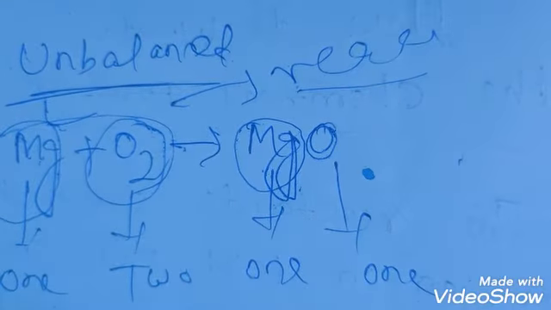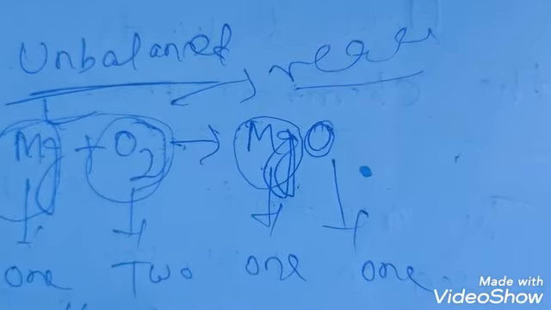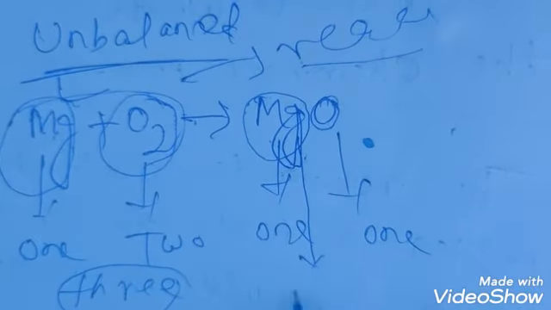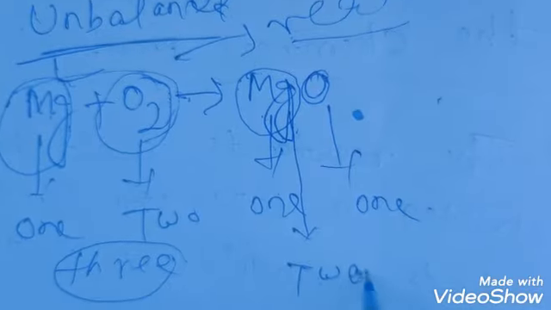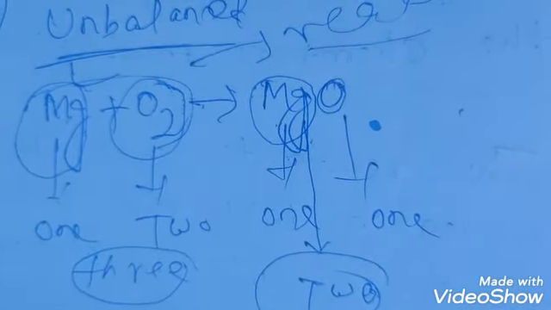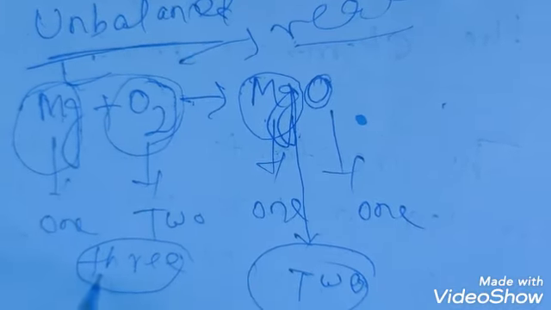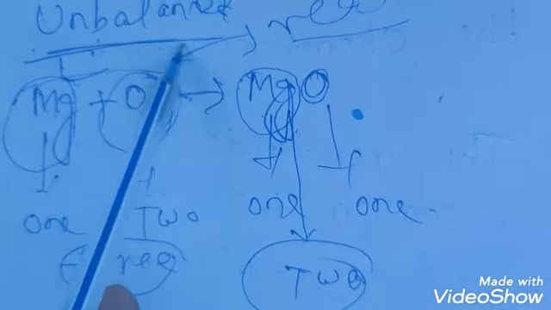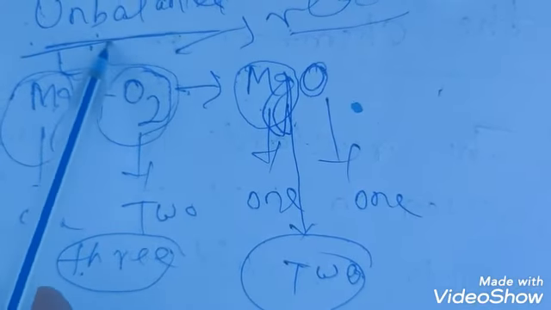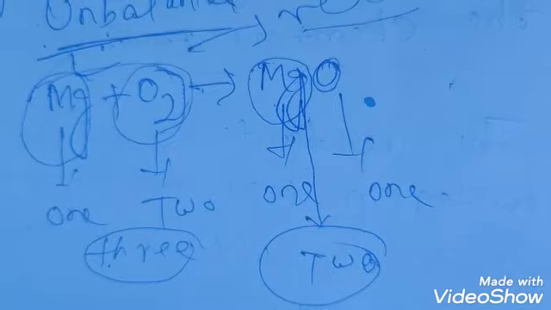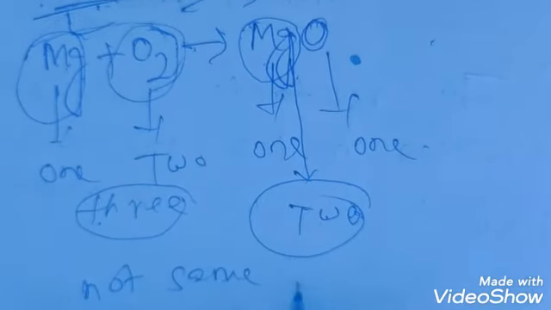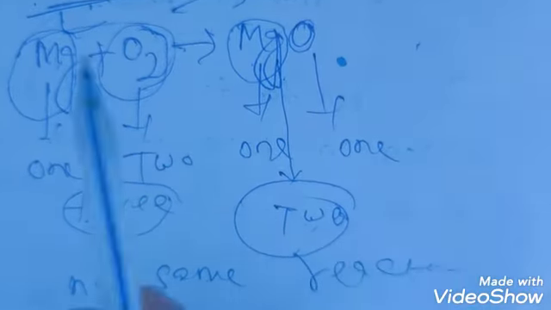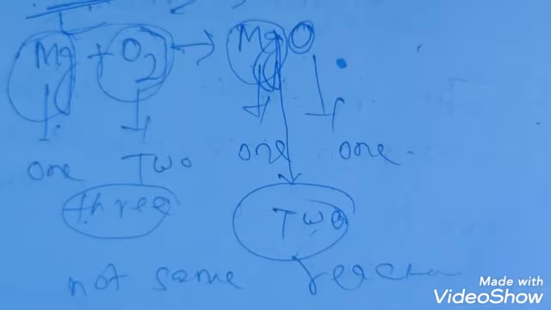That is a total of three atoms in the reactant side and only two atoms present in the product side. So it is an unbalanced chemical equation. An unbalanced equation is defined as an equation where the same number of atoms are not present in the reactant side as well as the product side.